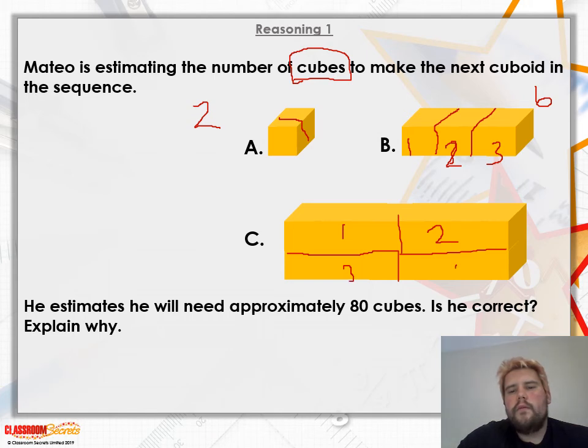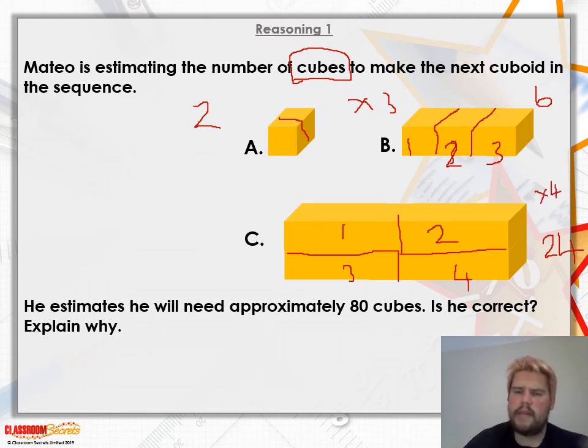Now 4 lots of B would then make this 24. Okay, he estimates he'll need approximately 80 cubes to make the next sequence. Now I've times A by 3 to get 6, and then I've times B by 4. So I've gone wrong ever so slightly here, but it's an estimation.